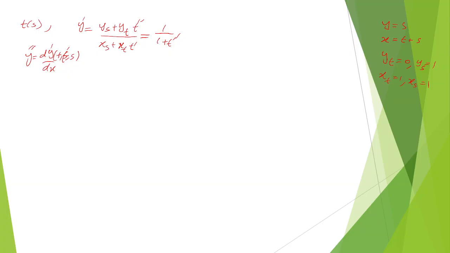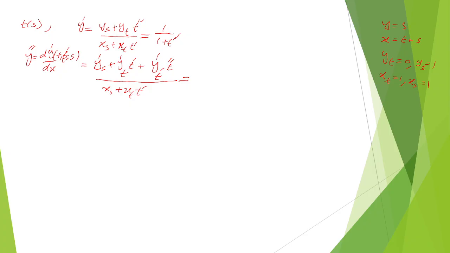So s, t and t dash, that will give me y dash s plus y dash t dash plus y dash t dash t double dash divided by xs plus xt t dash.